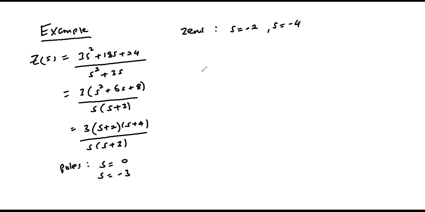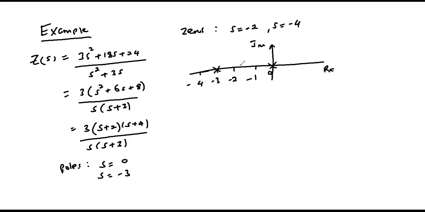If you sketch these poles and zeros on an s-plane, a plane of real and imaginary axes, we have the real axis marked 1, 2, 3, 4, and this is 0. For the poles, we have a pole at 0 and a pole at -3.